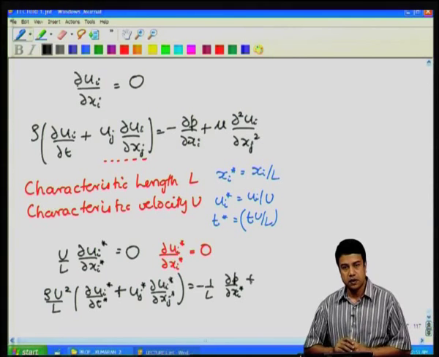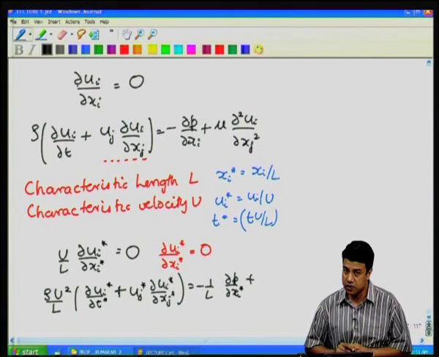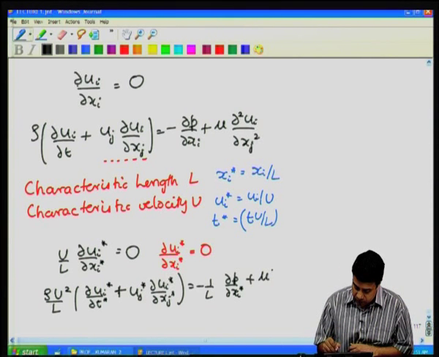Plus the viscous term, mu times velocity divided by length square. So, this becomes mu u by L square partial square u_i by partial x_j square.